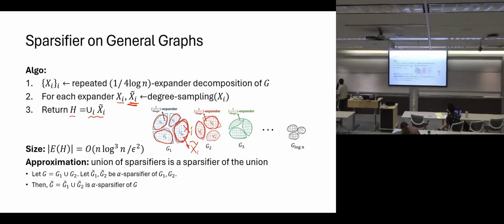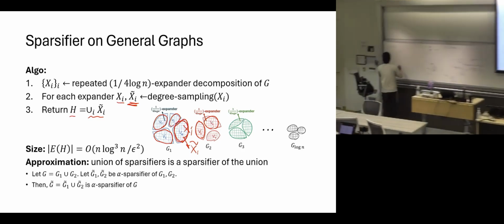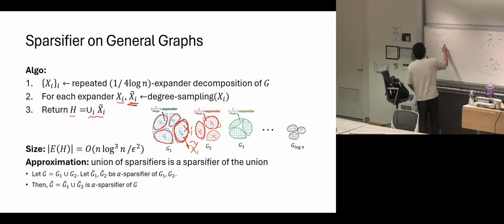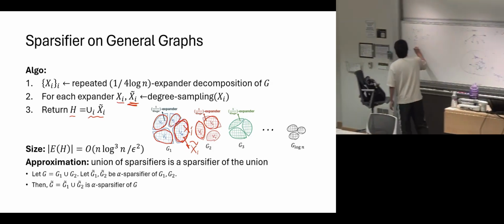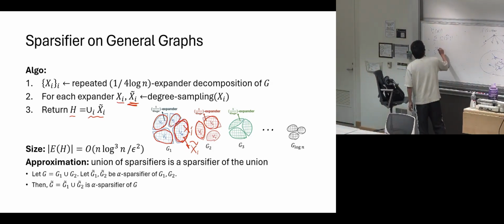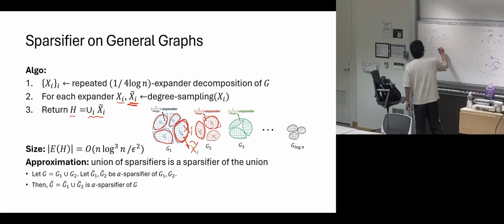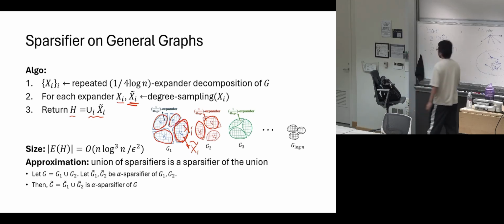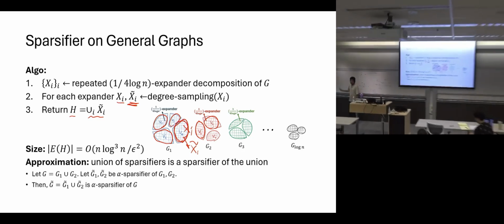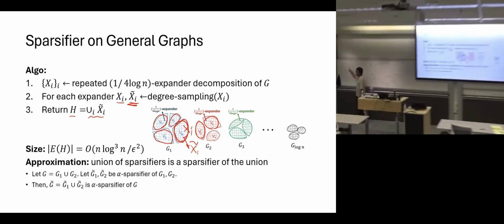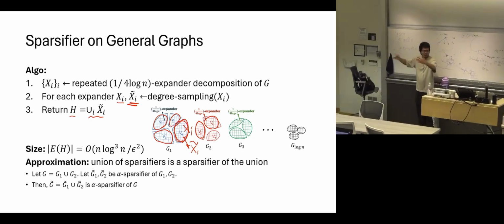But this thing is sparsified, so it's basically the number of nodes in Xi tilde. Make sense? This is a sparsified graph, so the number of edges is close to the number of nodes.